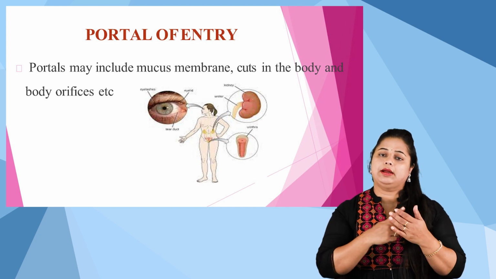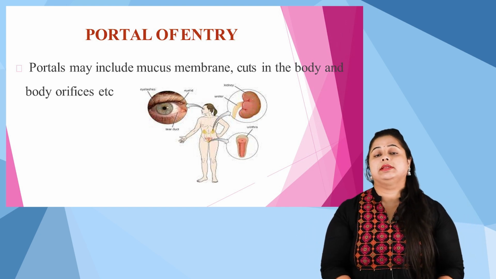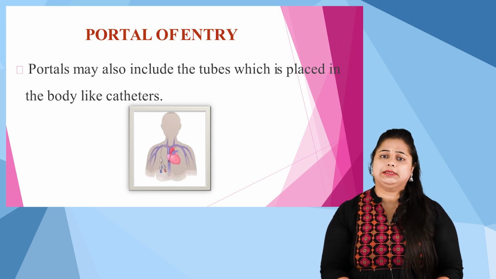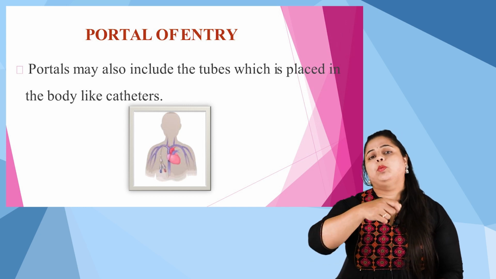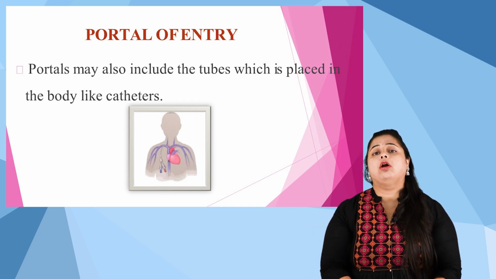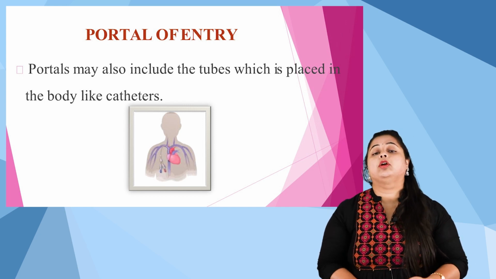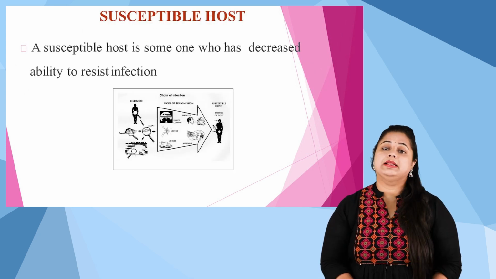Other than cuts and orifices, one more thing is the tubes we use during treatment, for example a catheter. That can also cause infection as a port of entry, which can further cause something called CAUTI, that means catheter associated urinary tract infection.